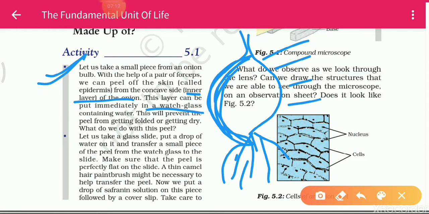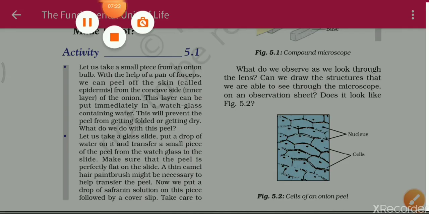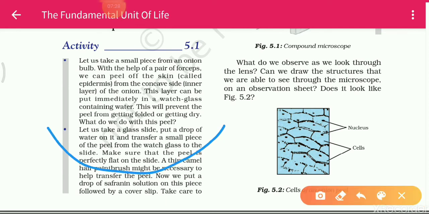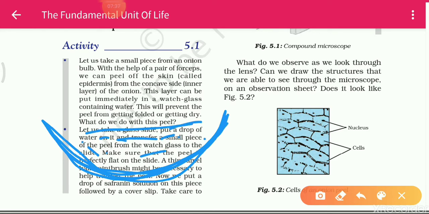Okay, now this is your watch glass, or we can use the word petri dish also. With the help of forceps, students, you will take this thin slice and put it in this petri dish. Okay, a thin slice of an onion in this petri dish, and in this petri dish water is present.